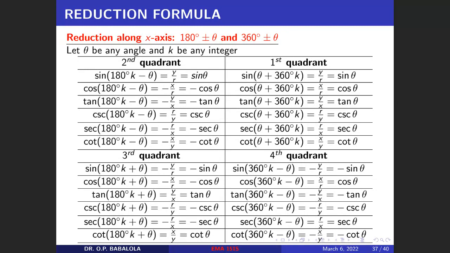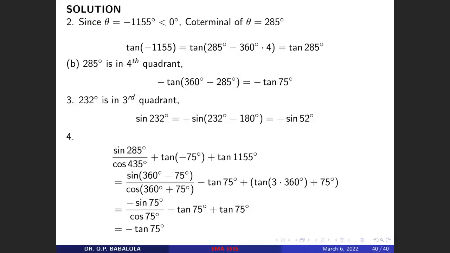And now we'll be dealing with 180K plus theta. So let's go back to our question, sine. We'll be dealing with 180K. Of course, 232 is not 2 rotations of 180 degrees, so that's why K is 1. It's just a single rotation.